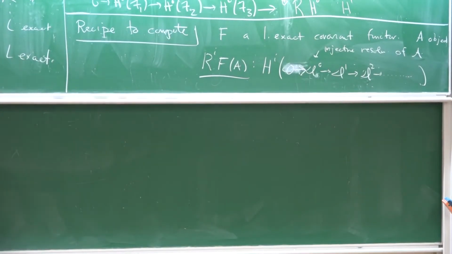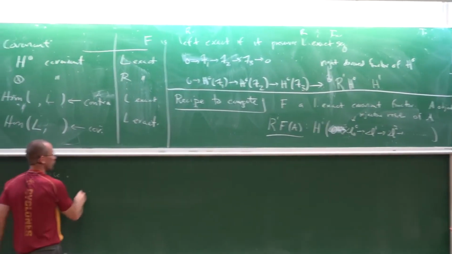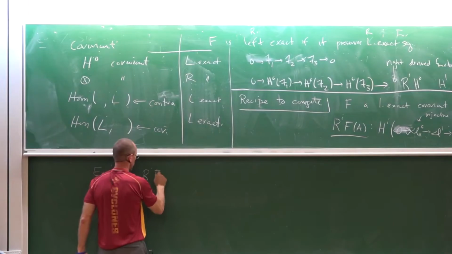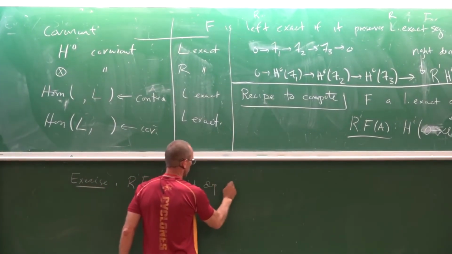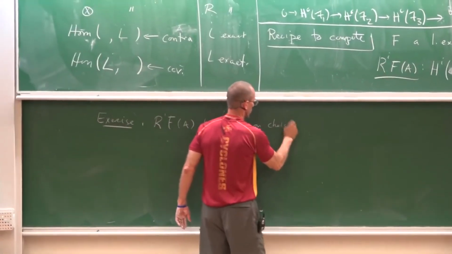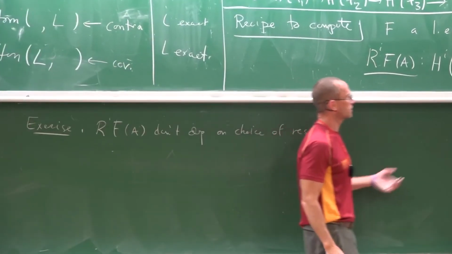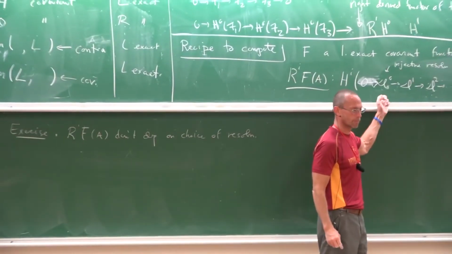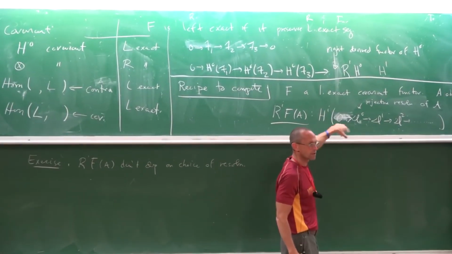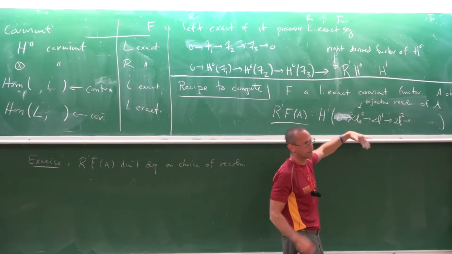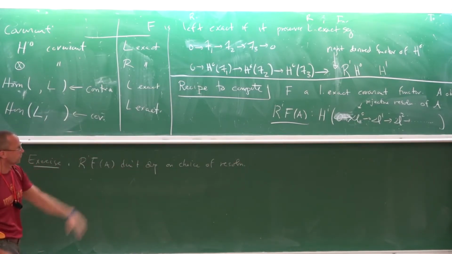Exercise: show that the R^i F of A don't depend on the choice of resolution. It's not so bad, because if you take a different injective resolution I prime, then because of the properties of injectives, I'll get maps between the resolutions, and then you play the game that you would expect with our homological tools.